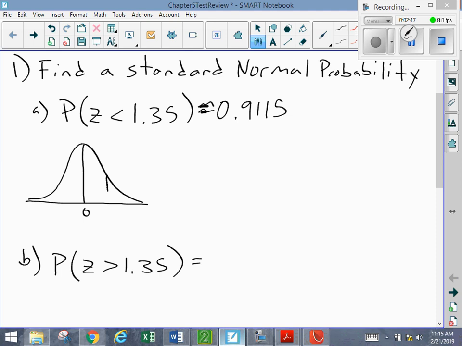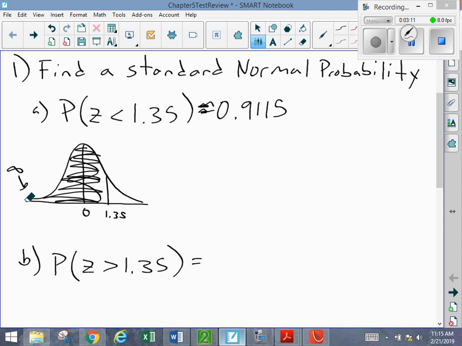So 1.35 is maybe right about there. What we're looking for is the area of this shaded region, everything that is less than 1.35. So that means my lower bound is like infinity, but we'll use negative 10 to the 99th, or the calculator has negative 9 times 10 to the 999th power.